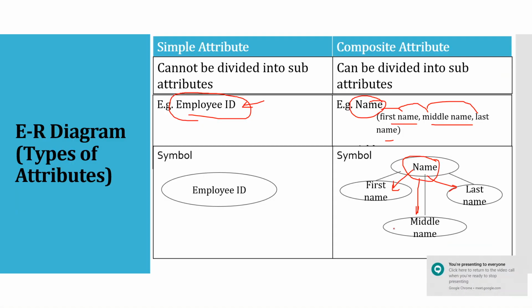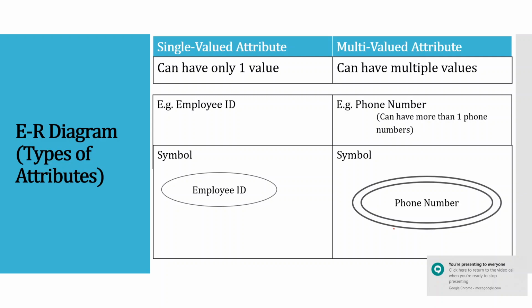Okay. Then the next step is single valued attribute and multi-valued attribute. So what is single valued attribute? The attribute will have only one value. For a particular attribute, you can have only one value. You cannot have more than one value. So employee ID again is an example. The ID will be only one.